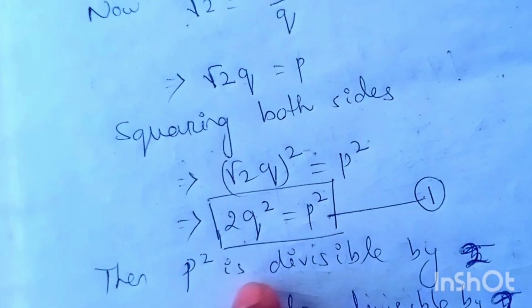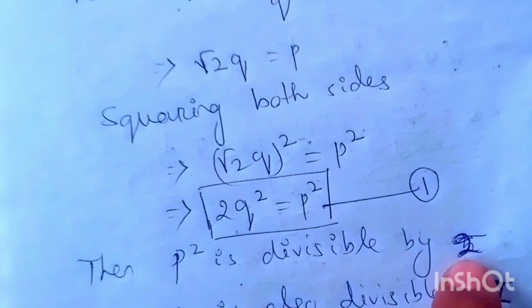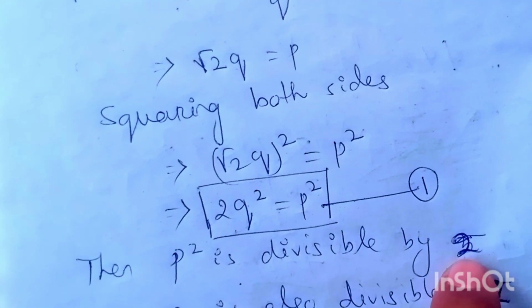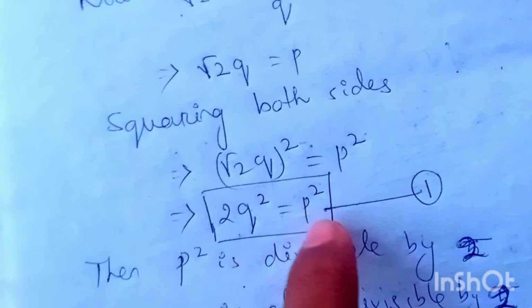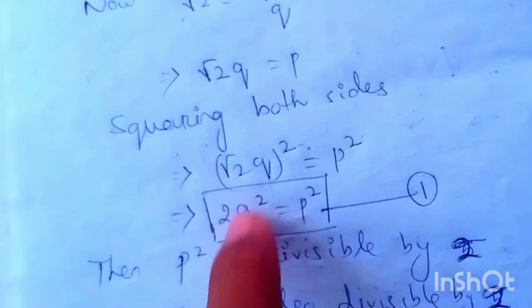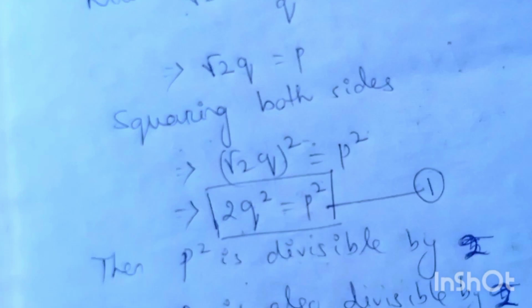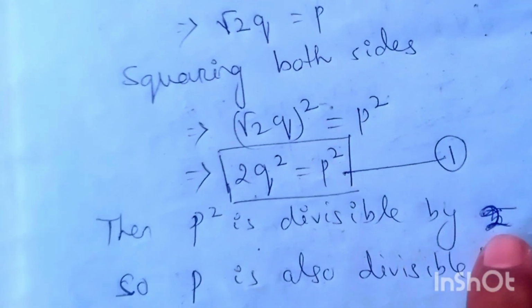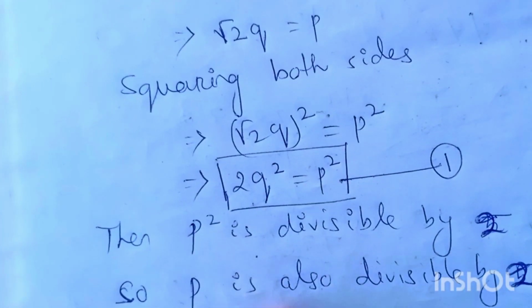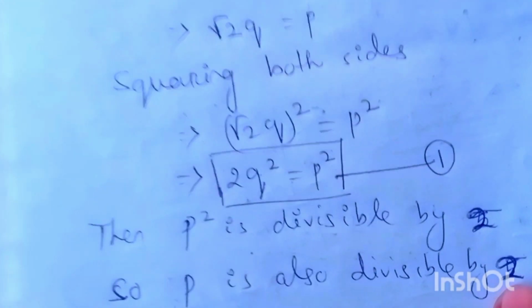Here we found that 2q square equals p square. Then p square is divisible by 2, because if we divide p square by 2, we get q square as quotient. Similarly, if p square is divisible by 2, then p will also be divisible by 2.